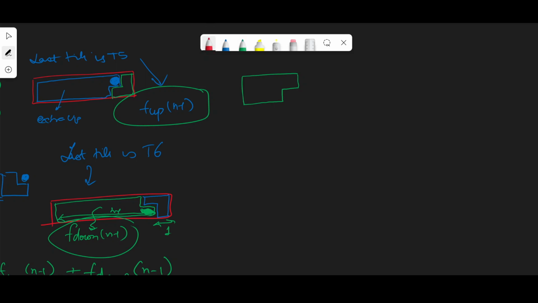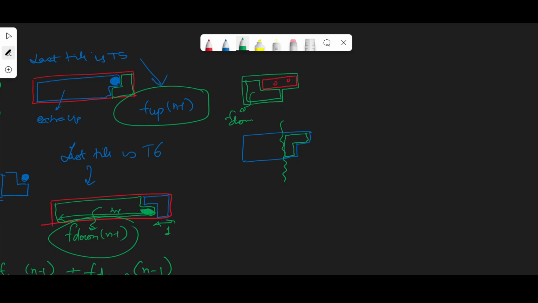One way is a horizontal domino like this, which means that your remaining bit is this, which, if you notice carefully, is some sort of F down, right? And the other way would be, you have this, and this is coming because you're taking this and you get this perfect shape. So these are the two different ways.